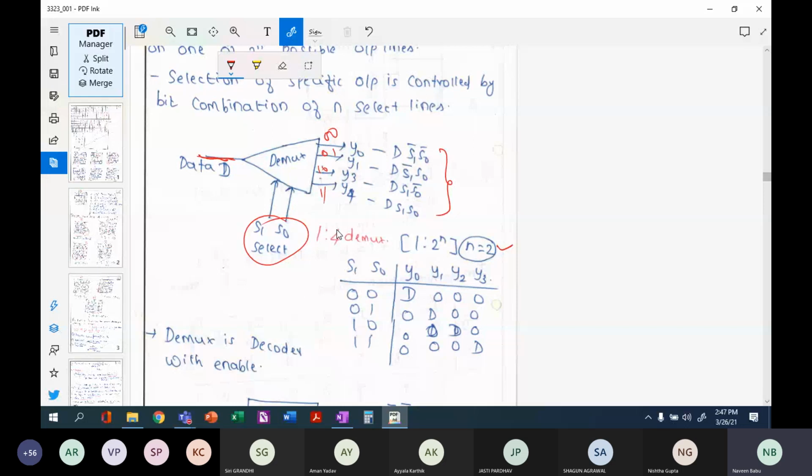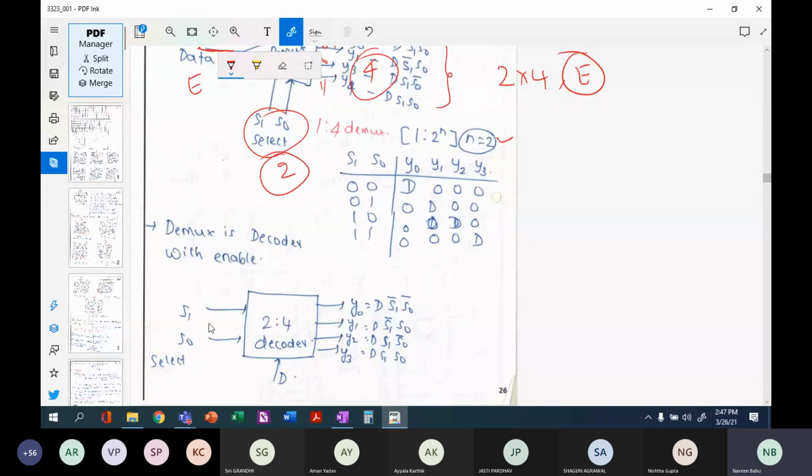You remember this is a 4 output line and 2 select line device, and you can relate this to a 2x4 decoder with an enable signal. Assume that this is an enable signal, this is your input and these are your outputs. So you can write your demultiplexer as a decoder with an enable signal.